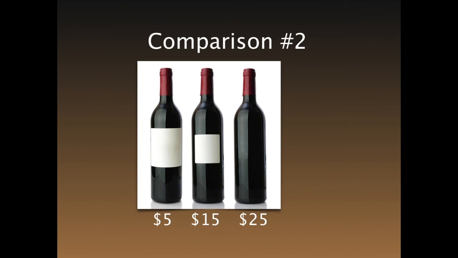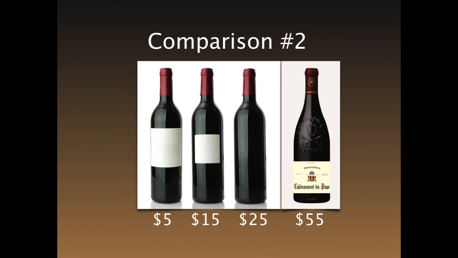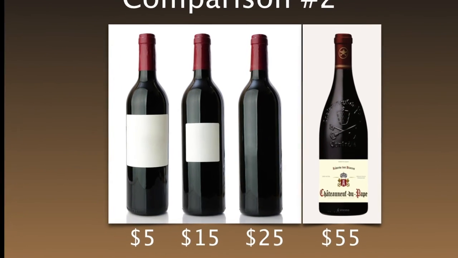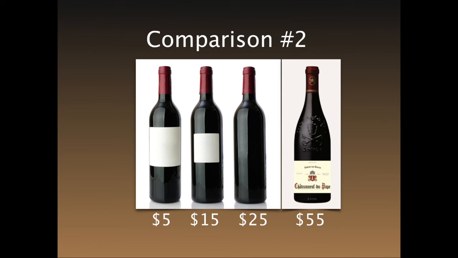So now let's imagine that instead of 3 bottles, you now have 4 bottles on the shelf. You now have a 4th bottle, which is much more expensive than the others, okay? This is a very nice, for example, Châteauneuf du Pape, very good wine, but much more expensive. What would you do? When comparing the $15 bottle to the $55 bottle, the $15 bottle now seems to be much cheaper.